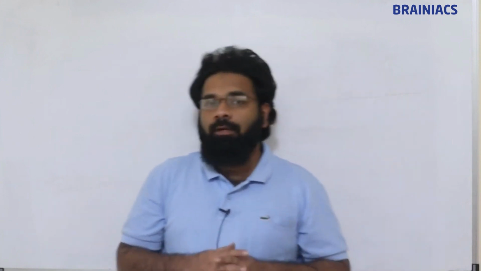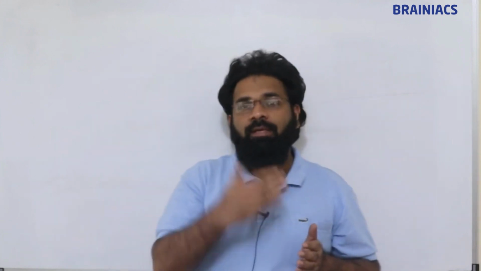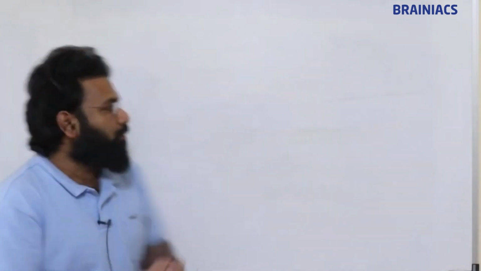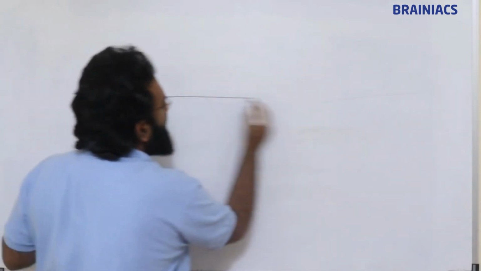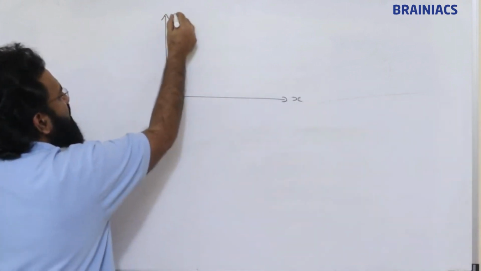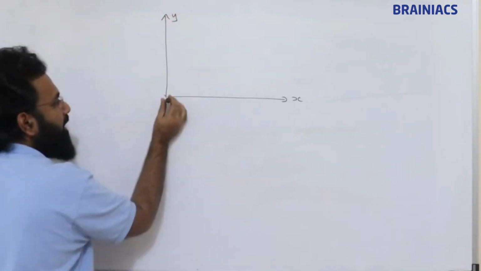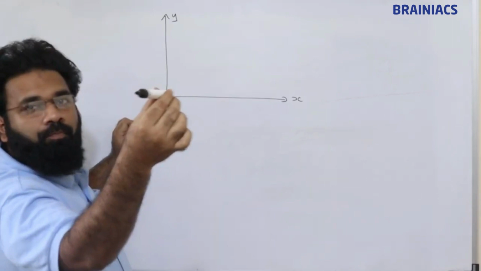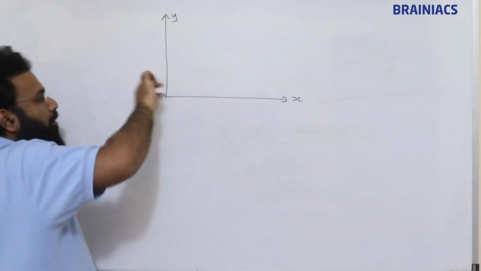So we will use the x, y, z axes, and we will use the same system in order to address vectors also. If this is x, and this is y, z should be like this, coming towards you or going away from you, inside.